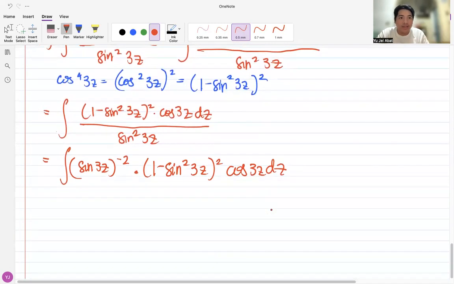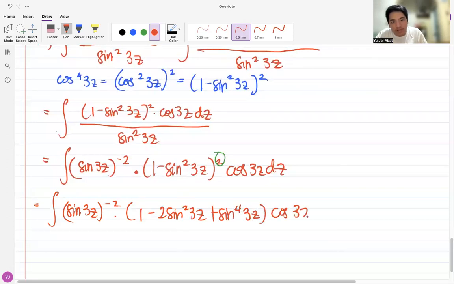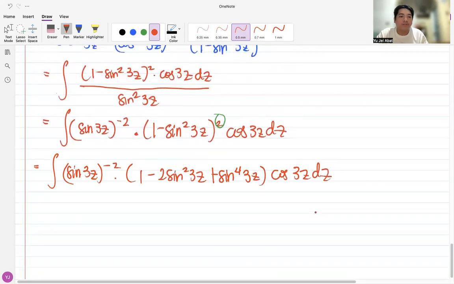Before I distribute, I have to expand this first. We will have sine of 3z raised to negative 2. Expanding that, that would be 1 minus 2 sine squared of 3z plus sine raised to 4 of 3z, cosine 3z dz. So distribute.